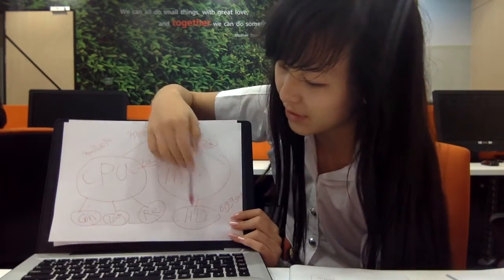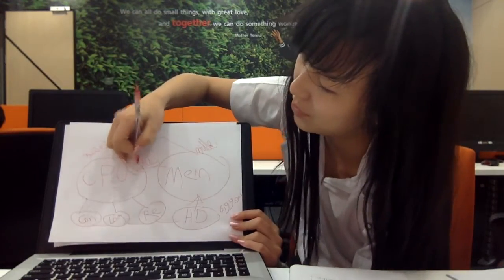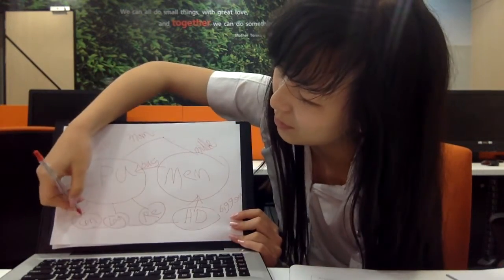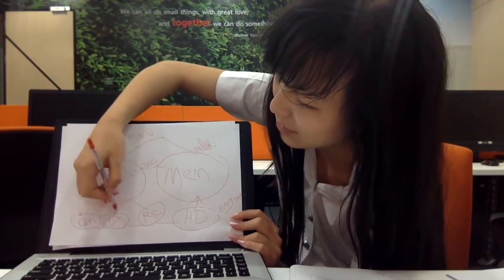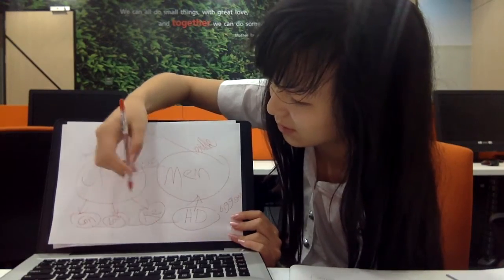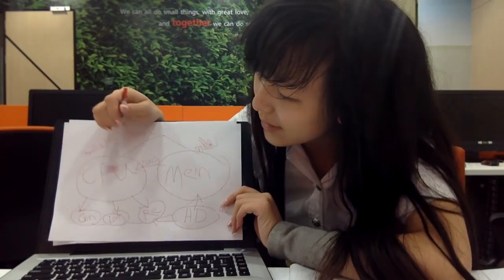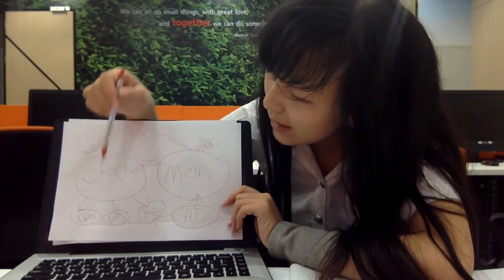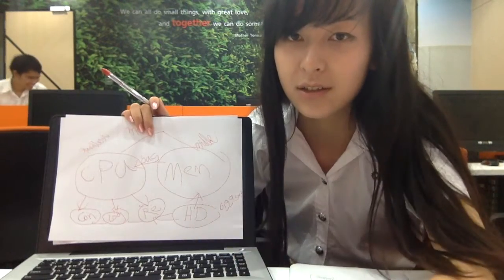If you use the HD, the data will go from the HD to memory and to the CPU. The CPU can send to the control unit, to the logic unit, or to the register. The register is closest to the CPU, and if you use the register, you will work faster.